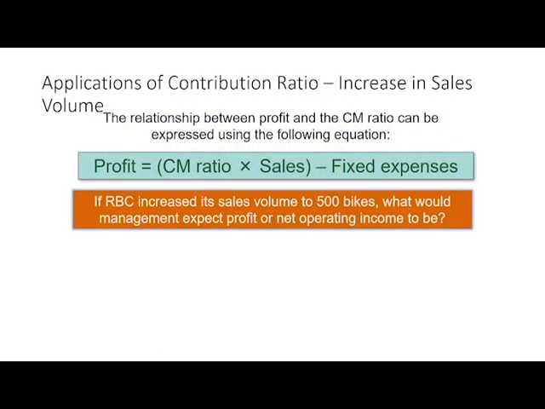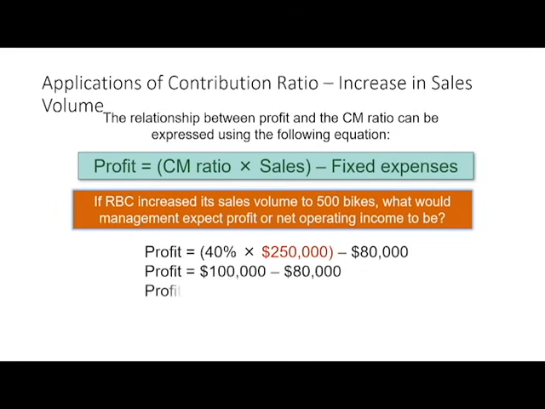Now we're going to apply the contribution ratio in determining the increase in sales volume. The relationship between profit and the CM ratio can be expressed using the following equation: profit equals CM ratio times sales minus the fixed cost. If the company increases its sales volume to 500 units, what would management expect profit or net operating income to be?